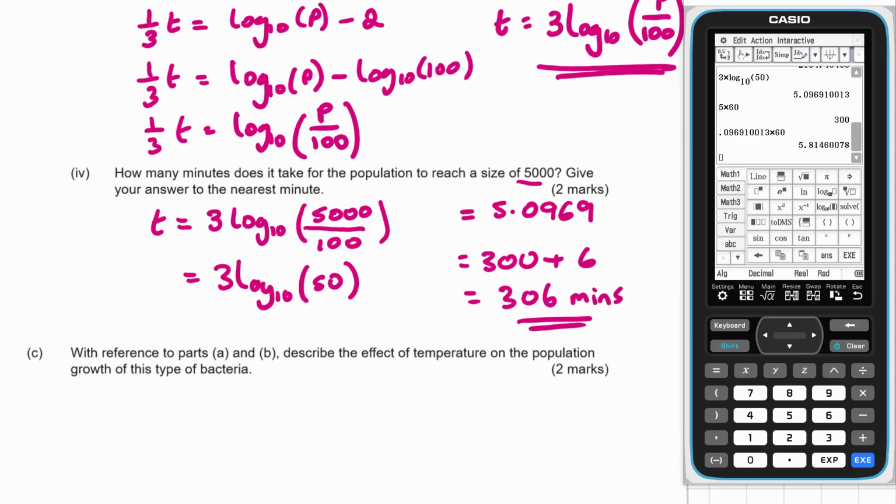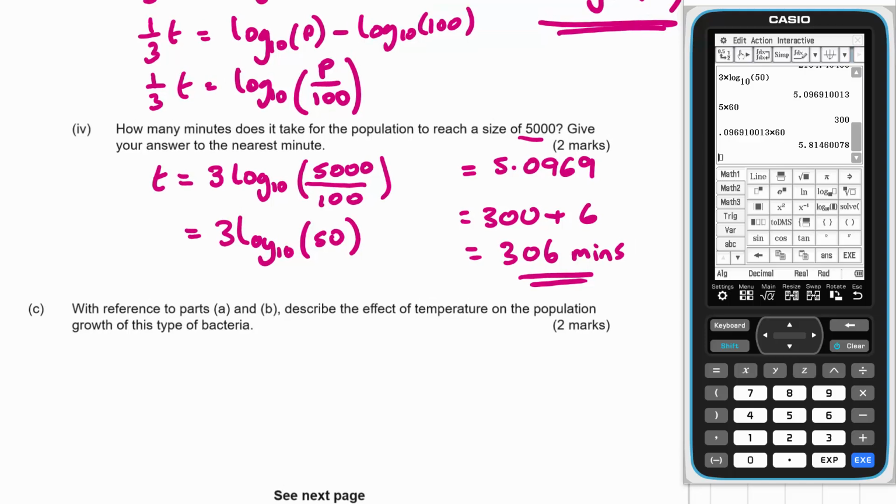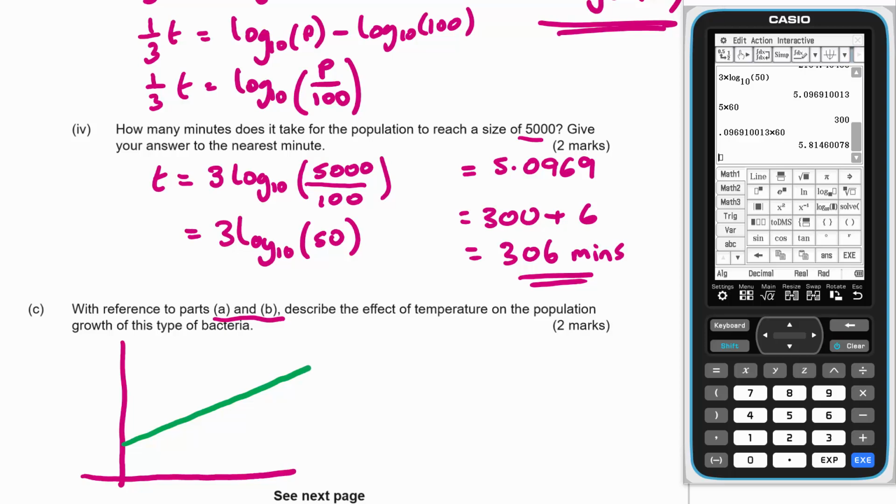And finally, for this very long question, with reference to parts A and B, describe the effect of temperature on the population growth of this type of bacteria. I always like to draw pictures of things. So we've got two different graphs, and the orange one was the 30-degree one.